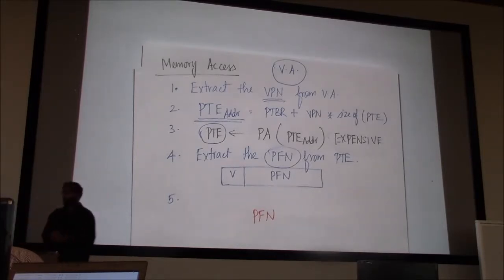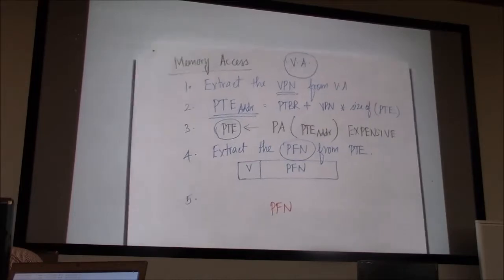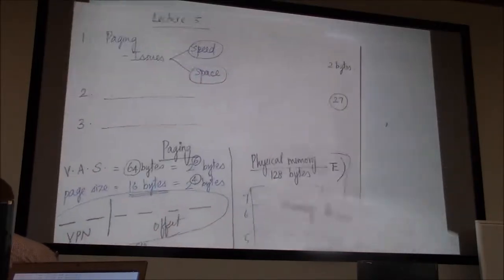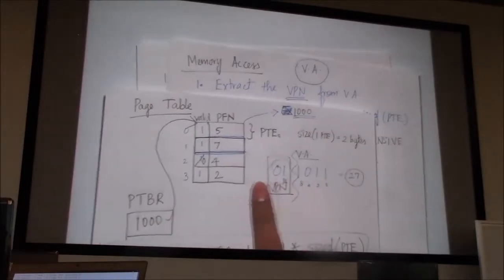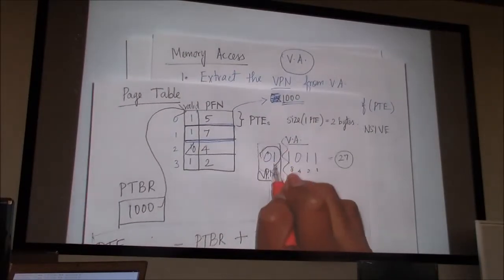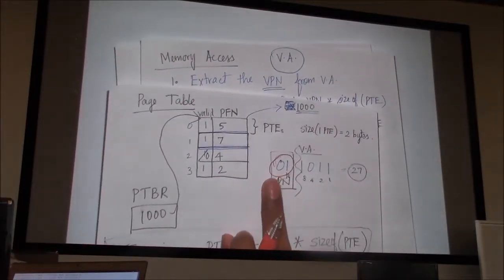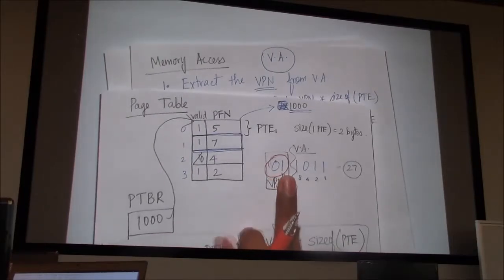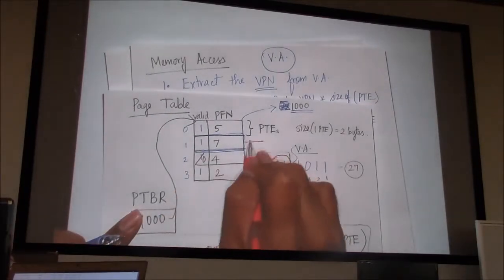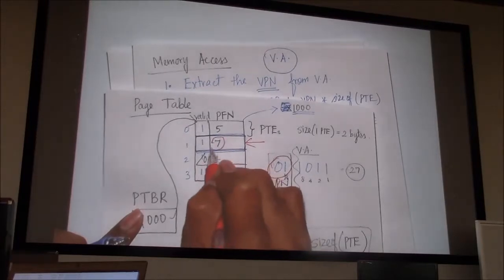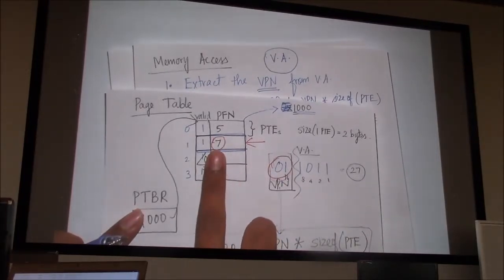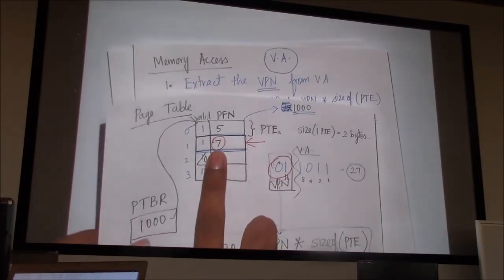So if we have our page frame number, let's go back to this example that we were looking at. If this is the virtual address that we are trying to access, we have the virtual page number 01. We go to this particular virtual page. This is the page frame number, which is nothing but 7.